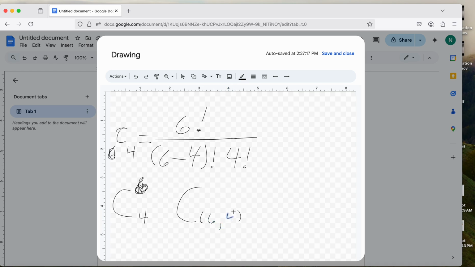And sometimes you wouldn't see the C at all, and you'd see these parentheses, and then you'd see the 6 and then the 4. If you see it in this notation, it's referred to as the binomial coefficient, but it's still the exact same formula.